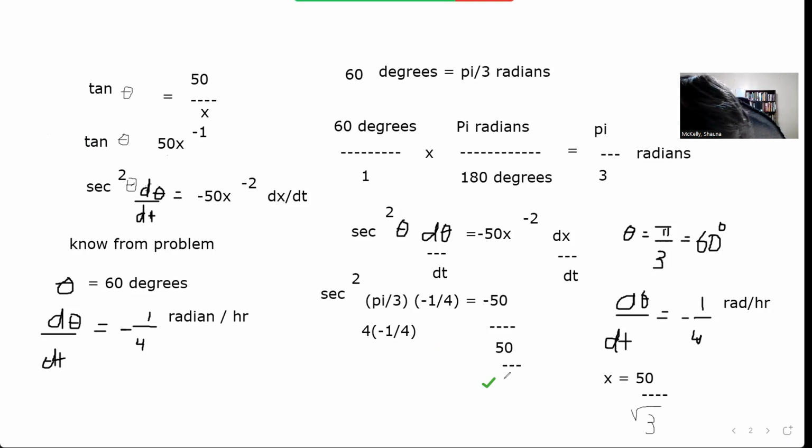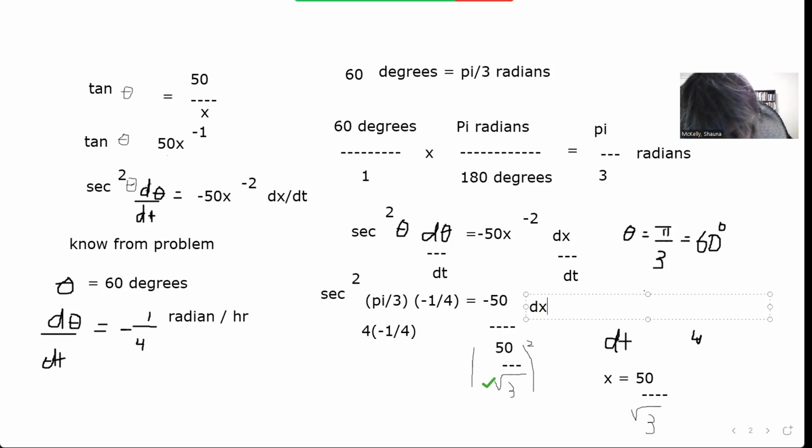So now you can work that out. And that is going to be dx dt.